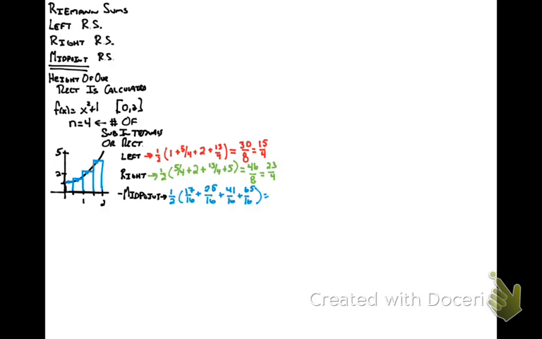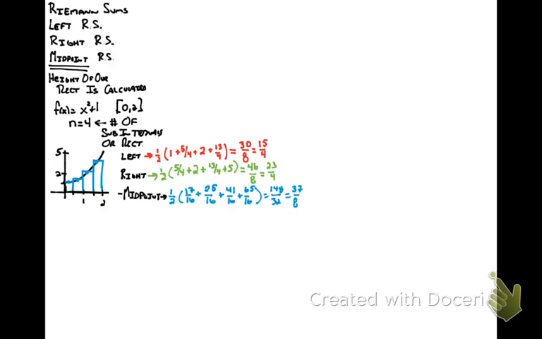And when we combine all of those things and multiply by a half, we would get 148/32, which simplifies down to, what's this going to be, 37/8. So we have three different approximations for the same area. And each of these are Riemann sums, which are just approximations of area under a curve using rectangles whose heights are calculated at a specific point.